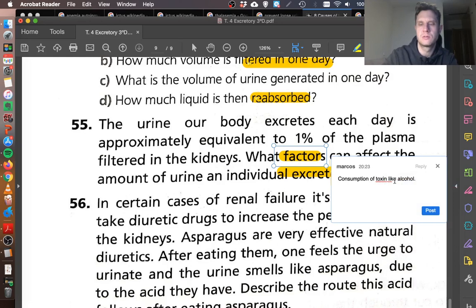Too much salt. Alcohol and salt are very poisonous. They increase the amount of filtration and can make you go to pee easily.